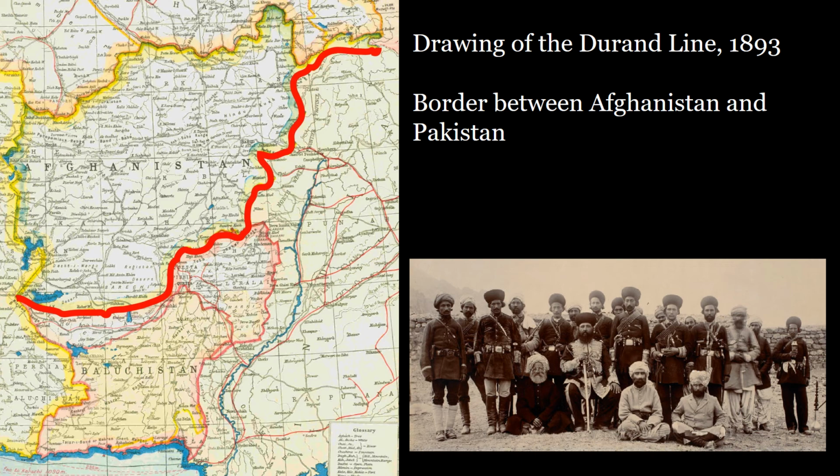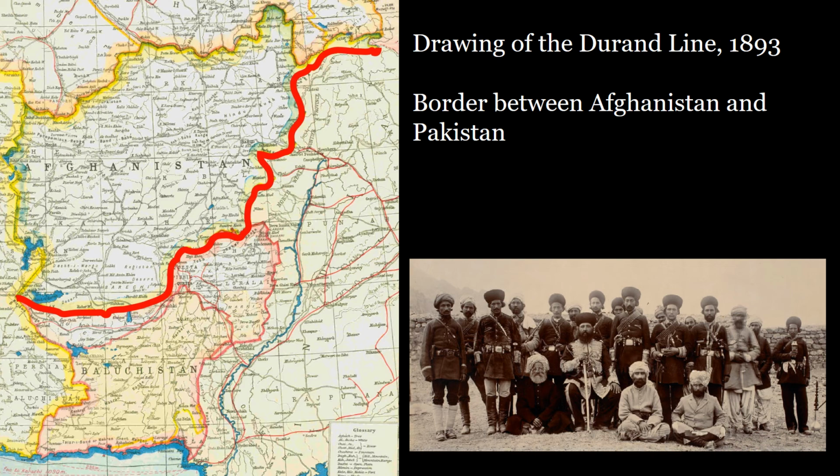Part of the plan includes granting some autonomy to tribal groups in Afghanistan who will act as a buffer. So it's not just taking the Punjab from the Sikhs, it's also creating alliances with tribal groups in Afghanistan who will act as kind of mercenaries to function like a buffer between the Indian colony proper and Russia.